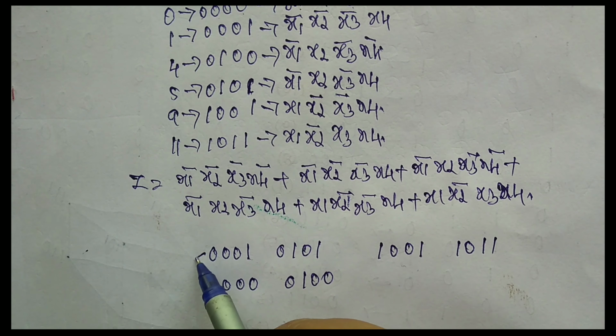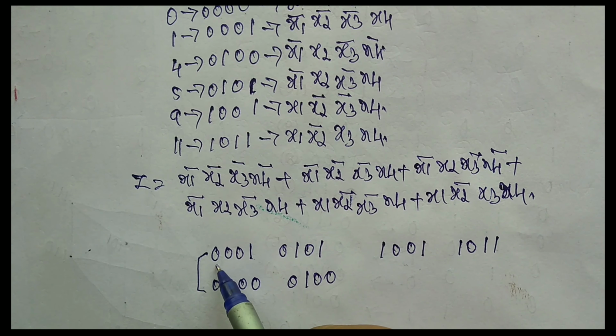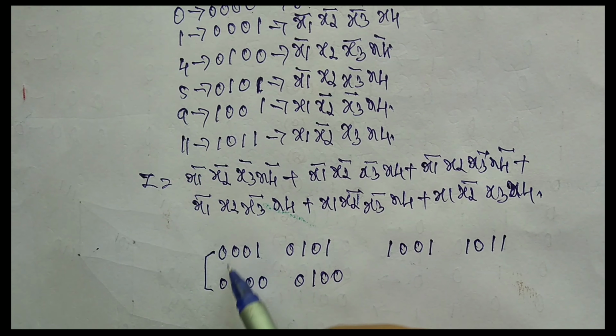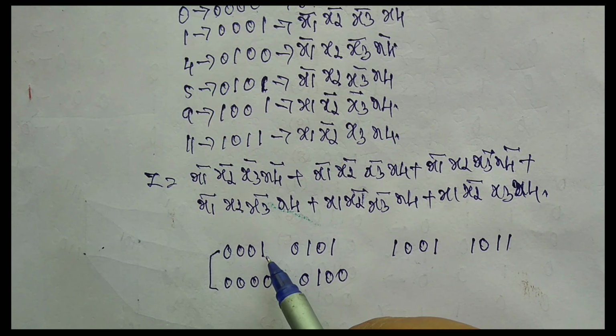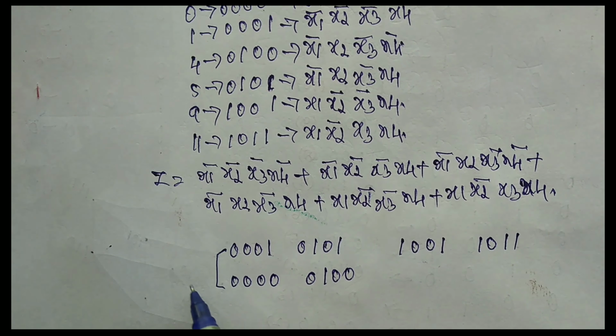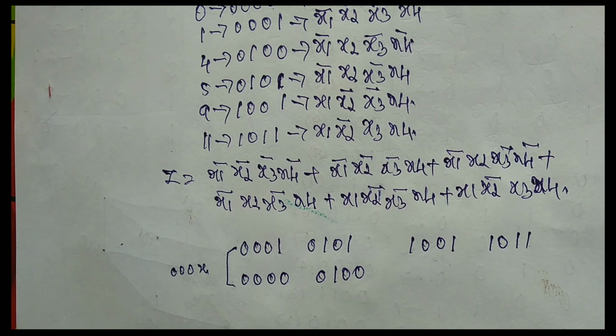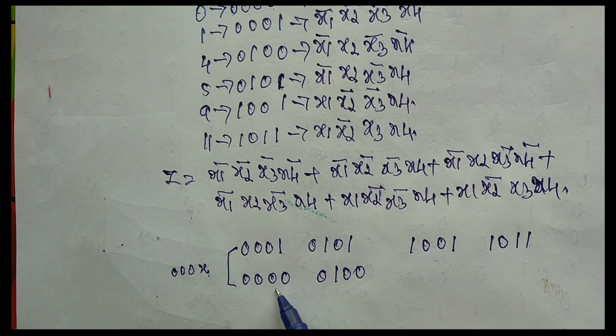In these 2 points, these 3 coordinates are identical. So the 4th coordinate is 1 and 0. So this can be written as 0, 0, 0, x. What is the meaning of x? X takes the value either 0 or 1. If it is 0, we can get this one. If it is 1, we can get this one.